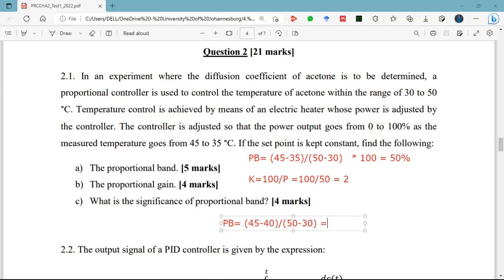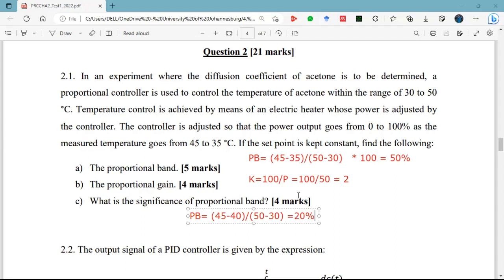And then let's look at the value that we find here for our PB. The value that we find here is 20%, and with that 20%, if you were going to calculate the gain, your gain was going to be higher than the gain that you got before.